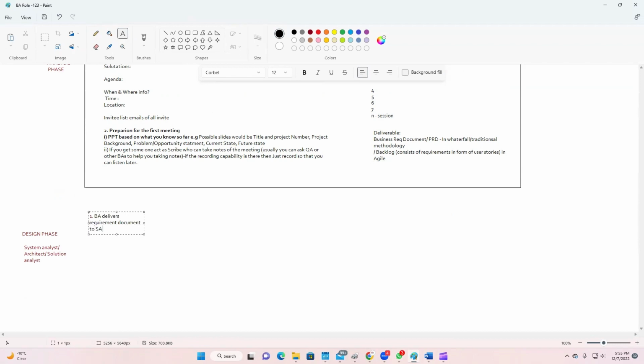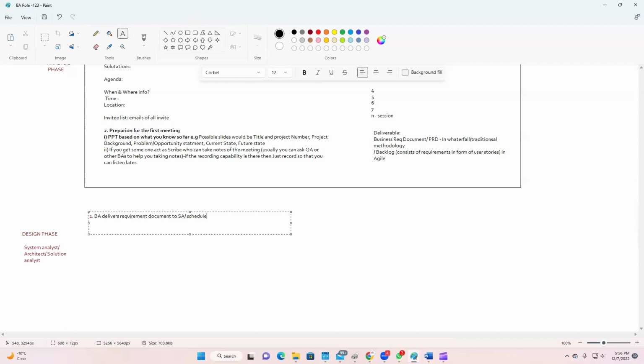I have a major question. The system analyst, architect, and solution analyst: are these three different categories, or is one person doing all three? These are three different roles, not people.